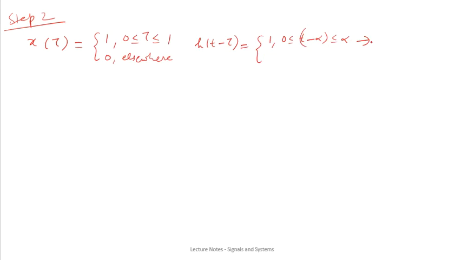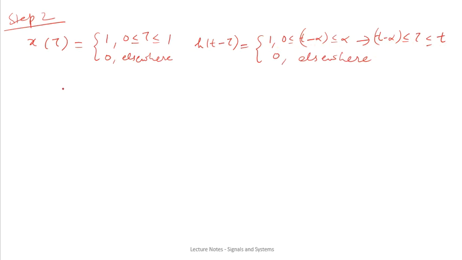And this is equivalent to this. That means h(t minus tau) will be equal to 1 if tau is in between t minus alpha and t.